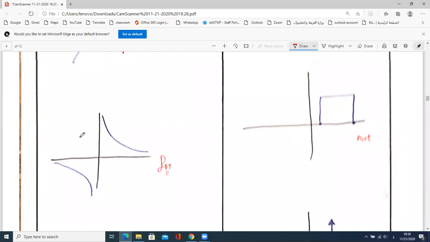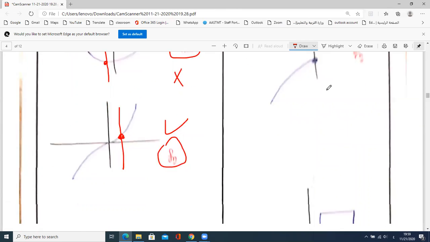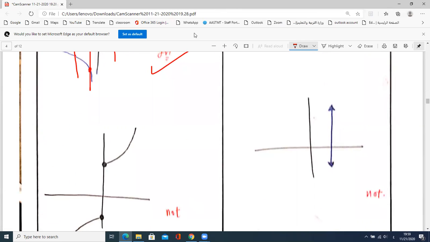The third graph, let's draw a vertical line, and you will find that we have only one intersection point anywhere on the graph. You will find that we only have one intersection point, this is a function. Okay, let's see.